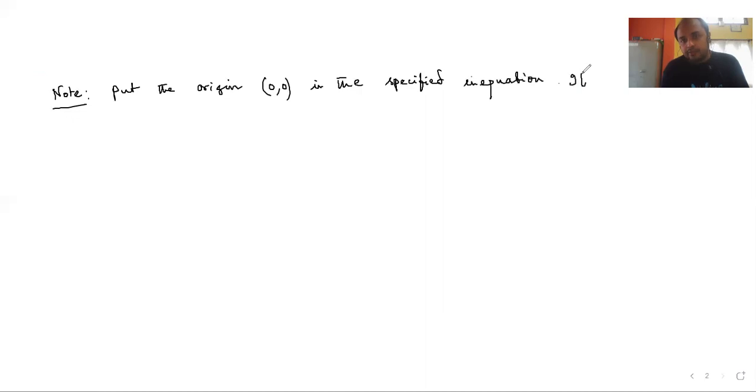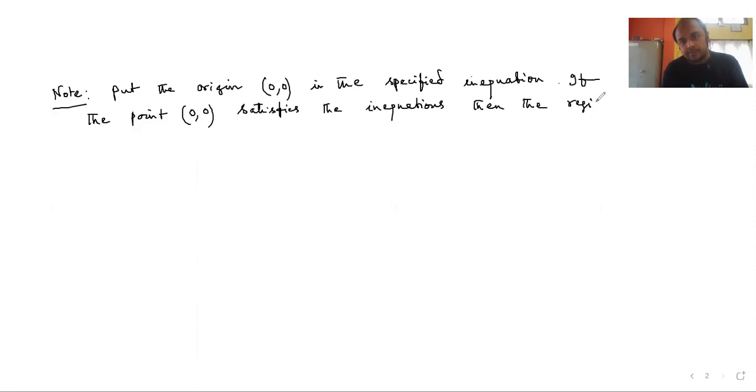If the point 0, 0 satisfies the inequation, then the region bounded by the straight line will be that side which contains 0, 0.